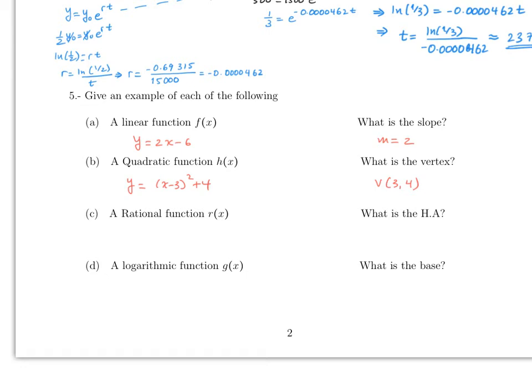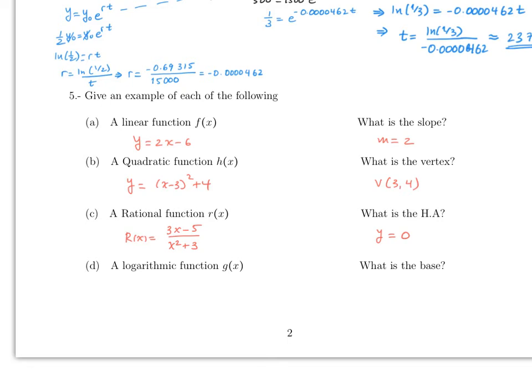A rational equation, you can have r of x is equal to 3x minus 5 divided by x squared plus 3. What's the horizontal asymptote? It is y equals 0. Why?